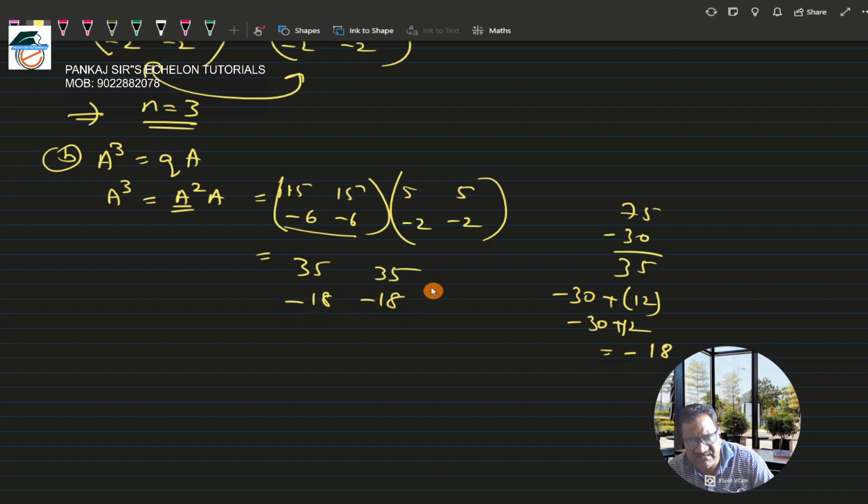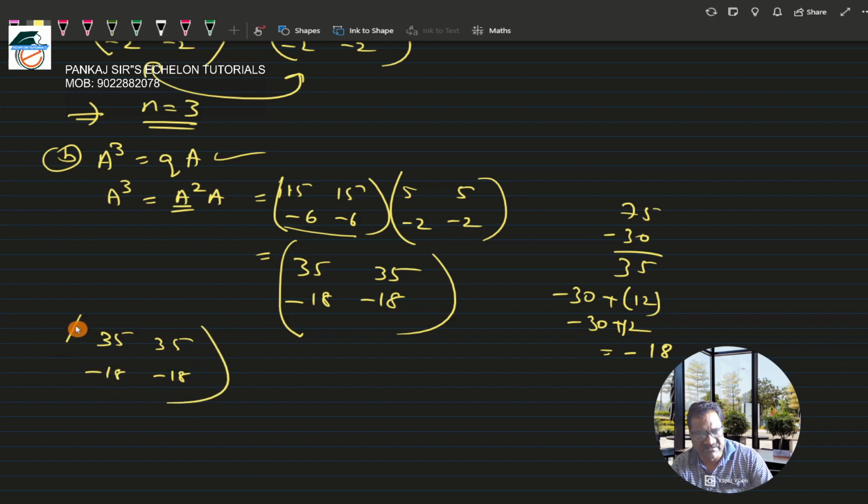This is also minus 18. Got it? So I got A cube as this. But the question says that A cube is equal to q into A. So this [35, 35; minus 18, minus 18], which is my A cube, is actually equal to q times A. And A is [5, 5; minus 2, minus 2].